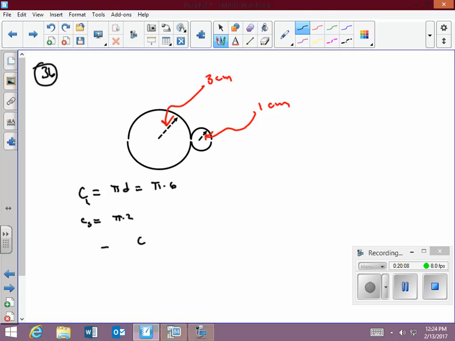You could divide the small circumference into the large, right? 6 pi over 2 pi, and that says 3, right? So it rolls 3 times. How many revolutions? 3 revolutions.